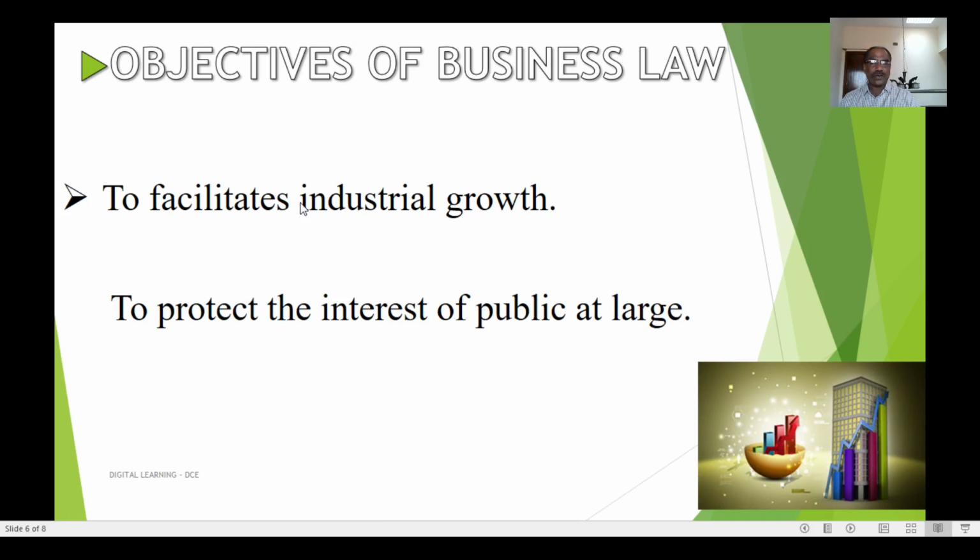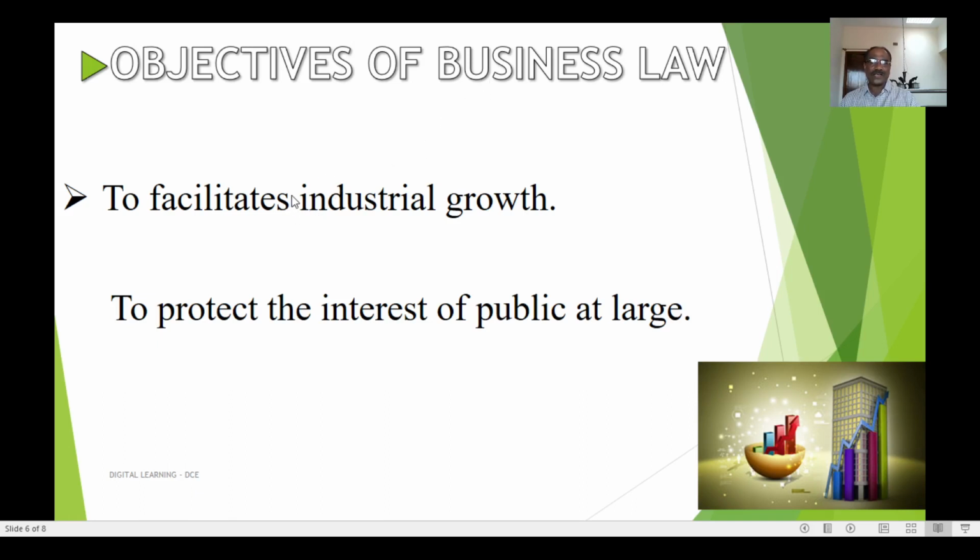How is industrial growth possible with the help of business law? Industrial growth means the generation of more and more employment and more and more income for the people, and that is possible with the help of business laws.